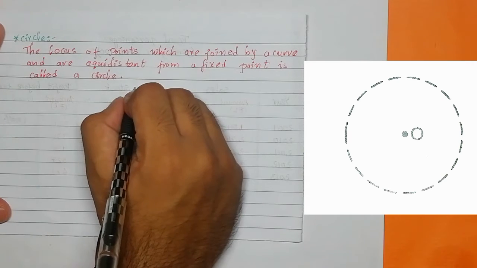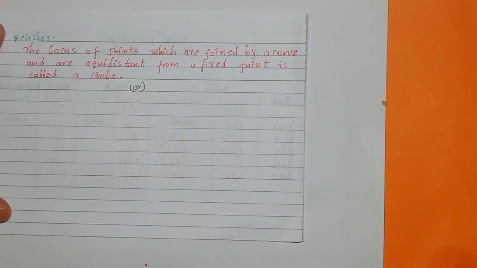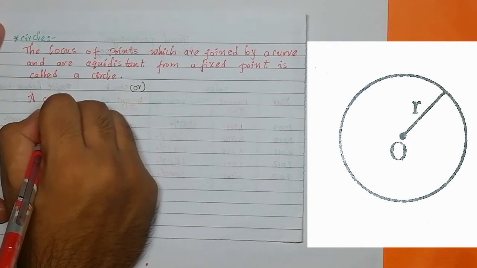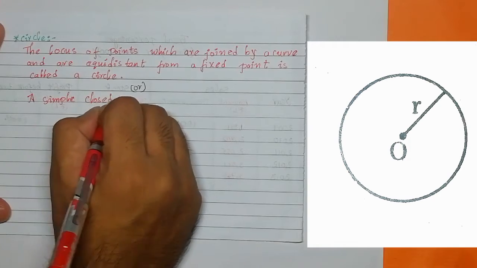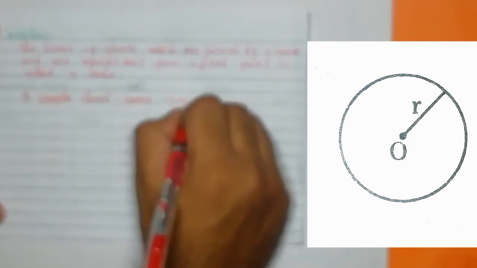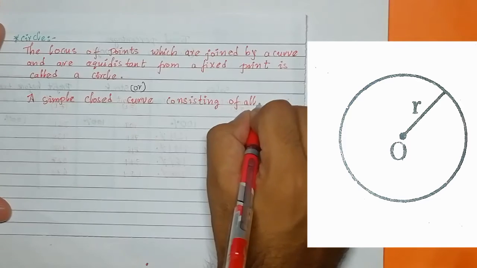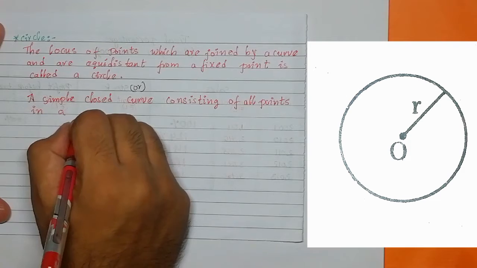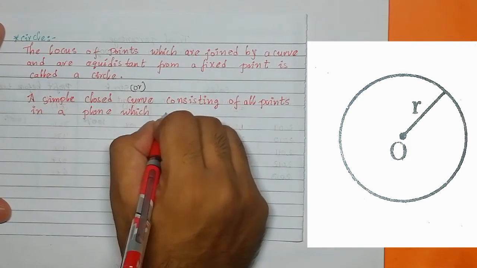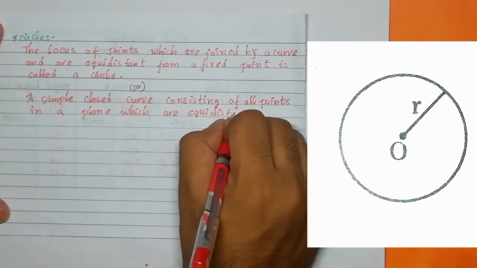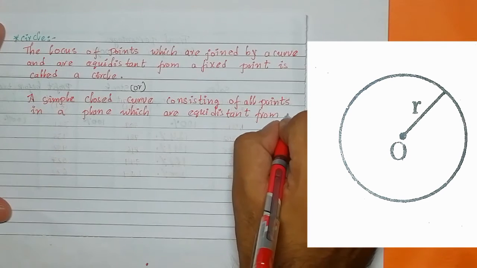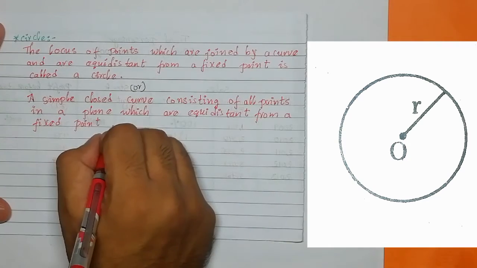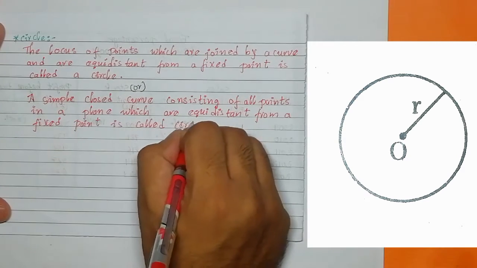Or, in another definition, a simple closed figure or a simple closed curve consisting of all points in a plane which are equidistant from a fixed point is called a circle.